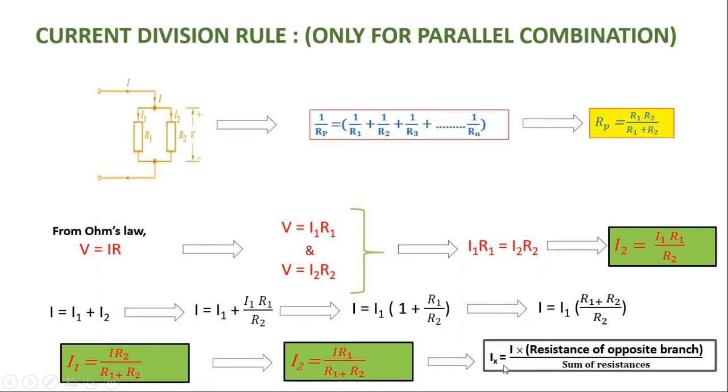Similarly, if you're doing for the resistor 2, I2, you'll be substituting x is equal to 2. So I2 is equal to I into resistance of opposite branch, that is, with respect to R2, opposite branch is R1. You'll be writing that value, and you'll be entering the sum of resistances in the denominator and find the value. So by this rule, we can find out the value of the current flowing through the individual resistors that are there. So this is really helpful in that case, isn't it?